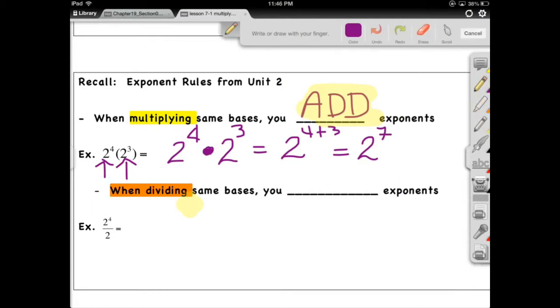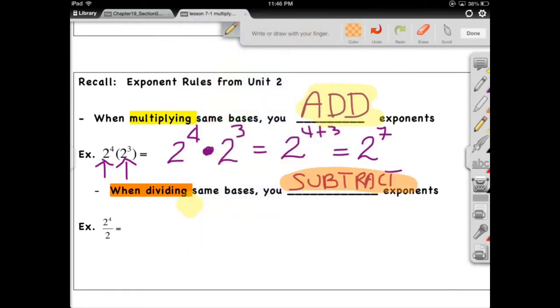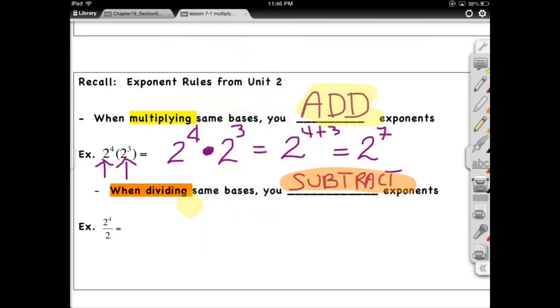You will subtract the exponents. So that you subtract the exponents in the other case.